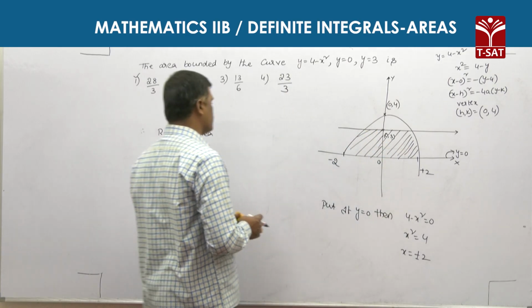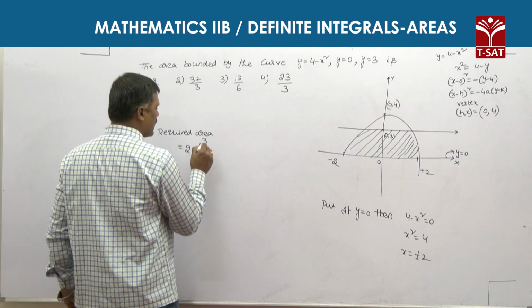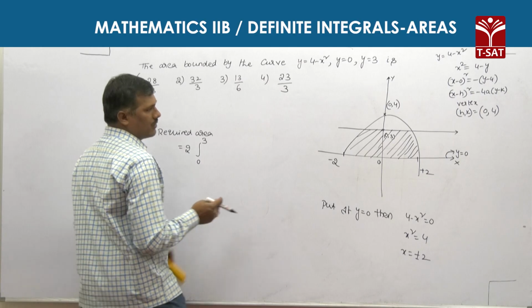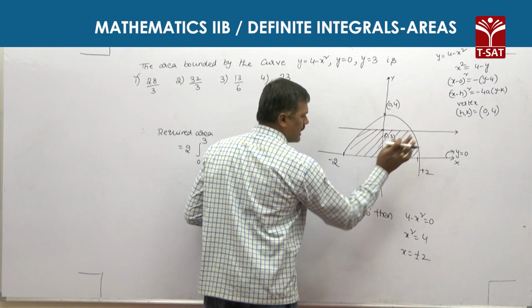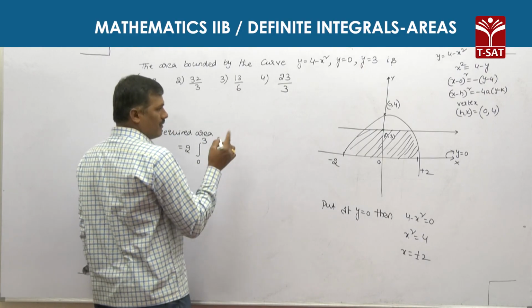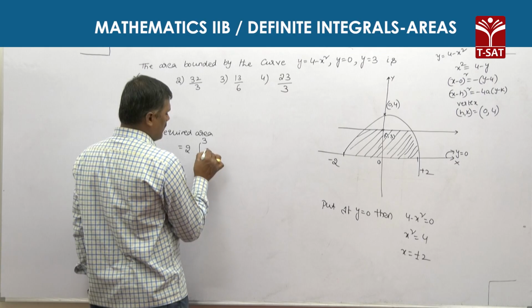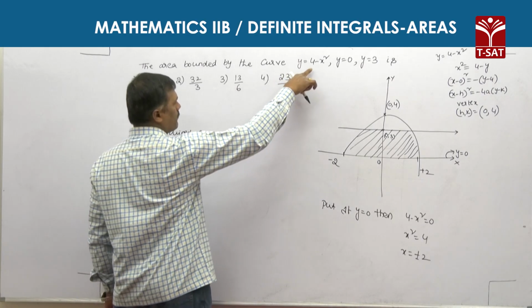That's why it is 2 times the integral of 0 to 3 of x into dy, where x is equal to g of y.